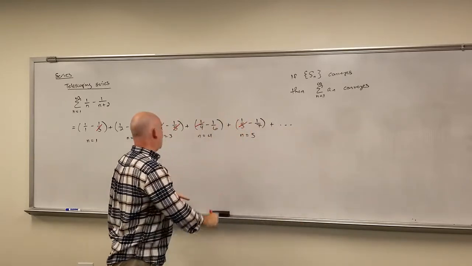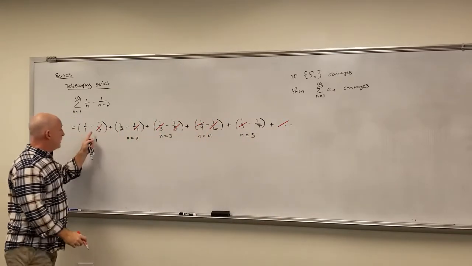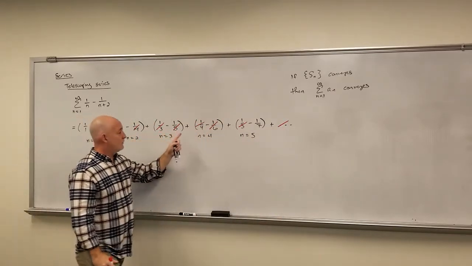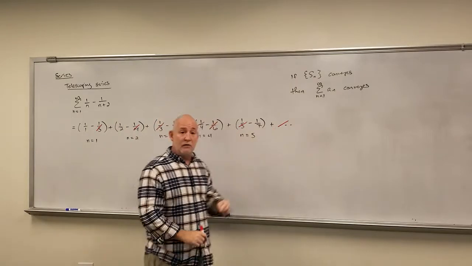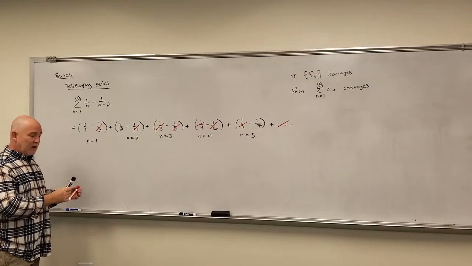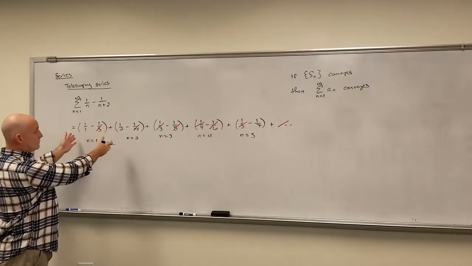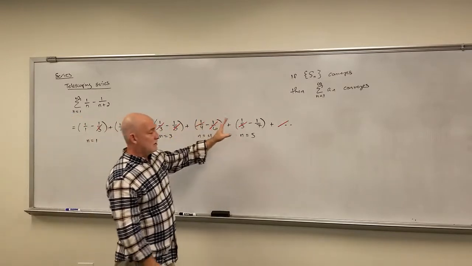So you can see after this point, right here, we had a couple cancellations early, but everything after here is going to cancel eventually. So the idea is, well, this probably is going to add up to a finite value, right? Because we have some values here at the beginning, but everything else is going to cancel out.